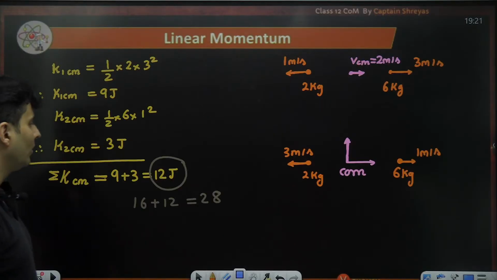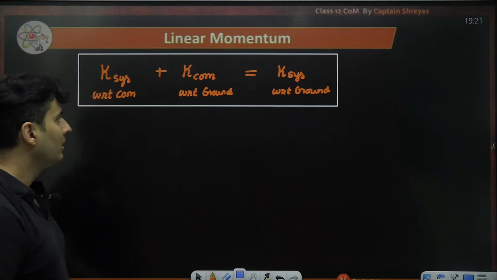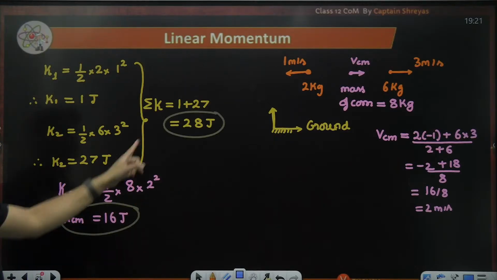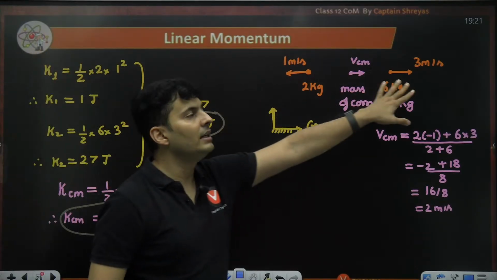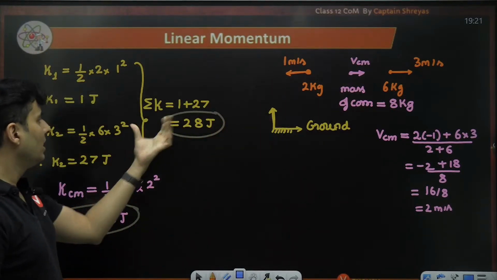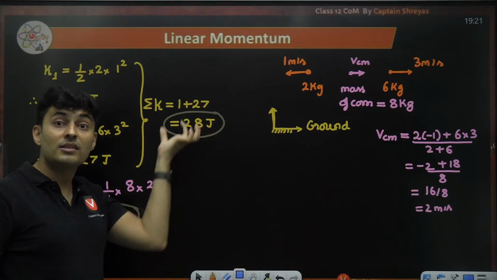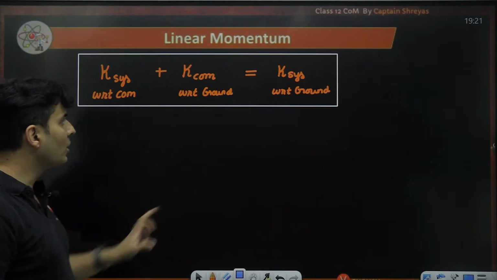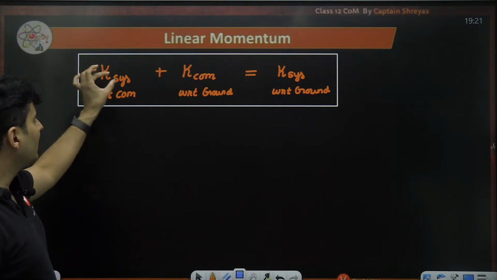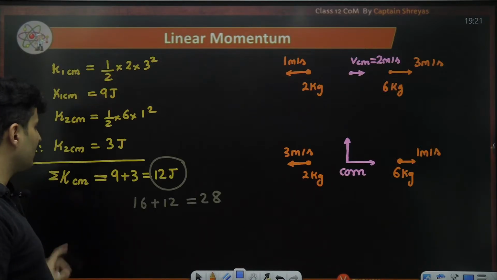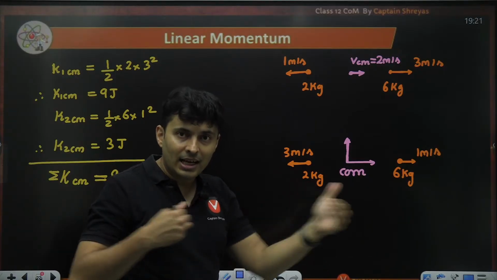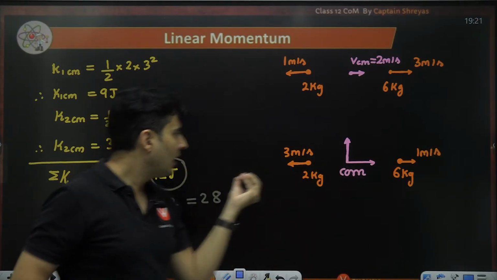I'll repeat again over here. This 28 is the kinetic energy with respect to the ground, which we figured out over here. Individual masses, individual energies, if I take them up, it is coming out to be 28. This is the total energy of the system, which is equal to the kinetic energy of the system from the center of mass. So when I shift to the center of mass, I'm sitting on that and seeing the relative energies and adding them up.